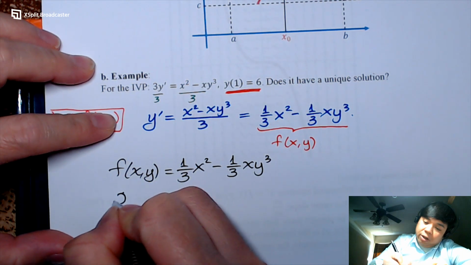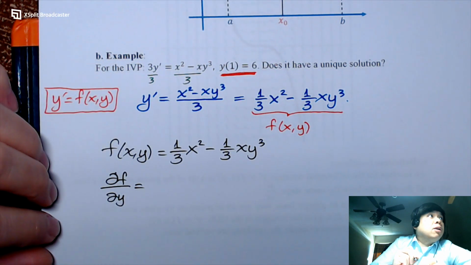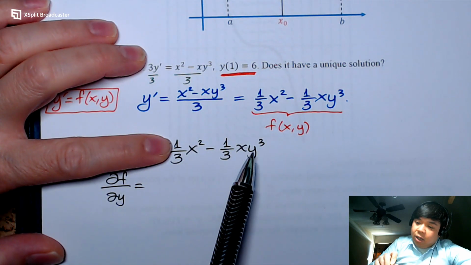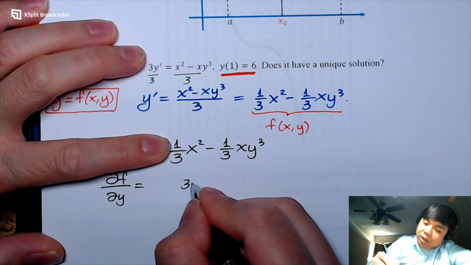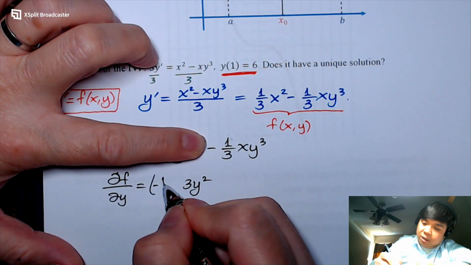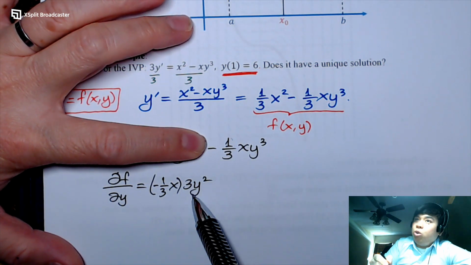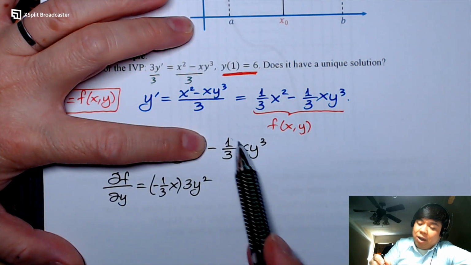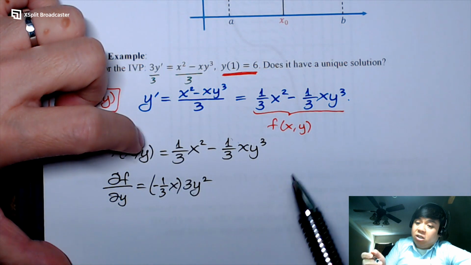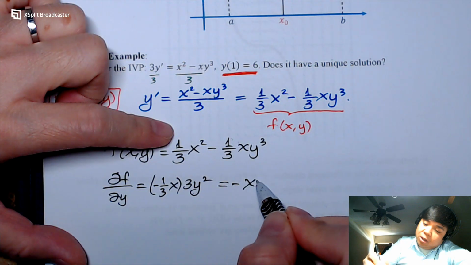And then the derivative of f with respect to y. So with respect to y, that is a constant. y cubed is going to be 3y squared, and the rest are constant. Yeah, the derivative of y cubed is 3y squared, and that is constant with respect to y. The derivative of a constant is 0. So we simplify this, we have negative x y squared.